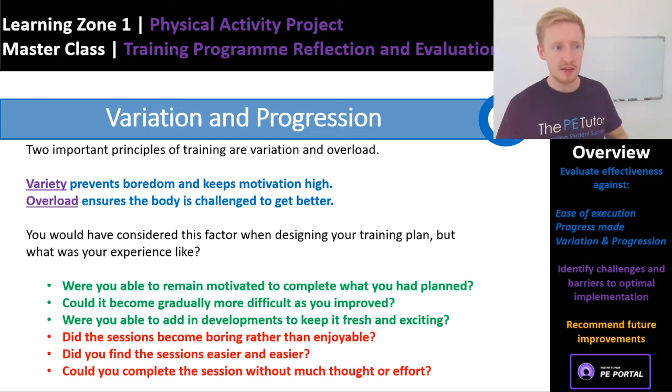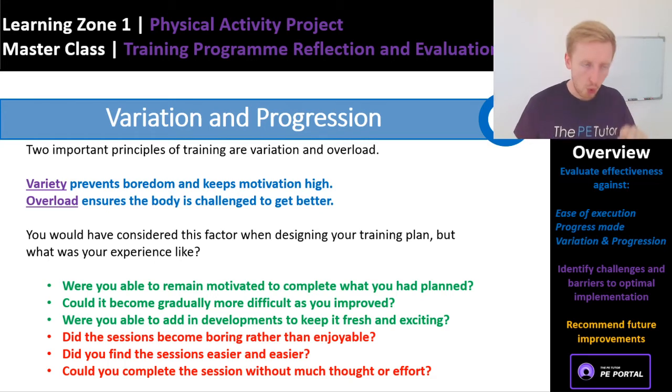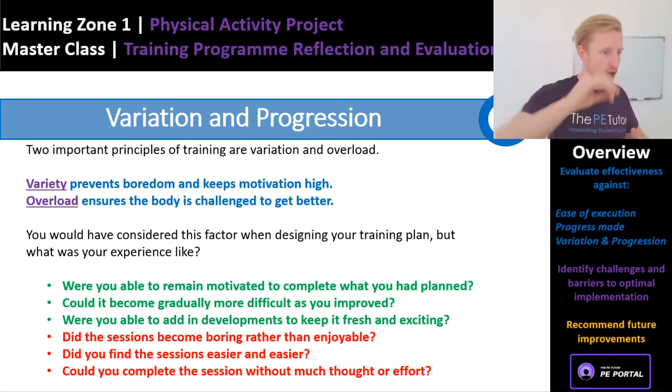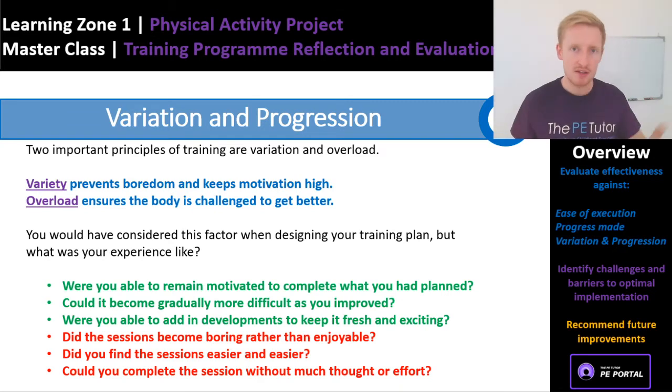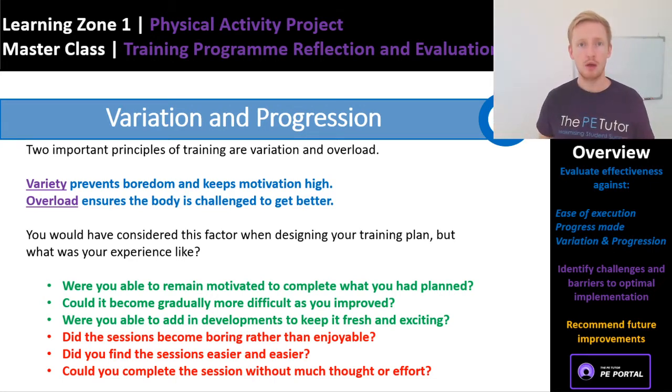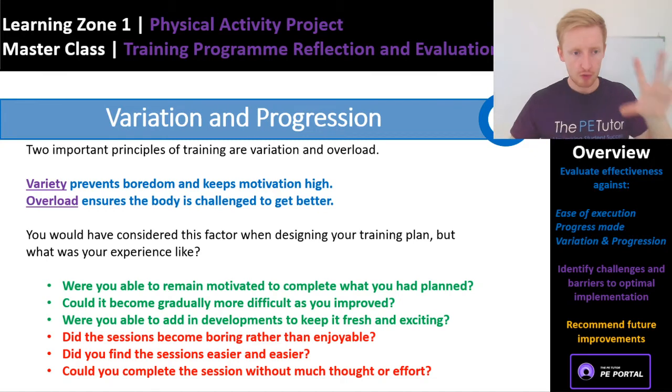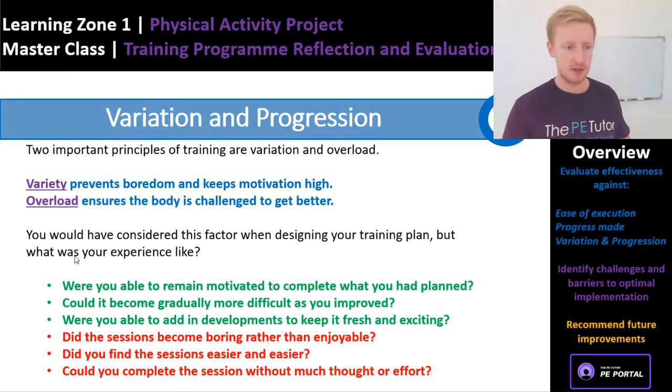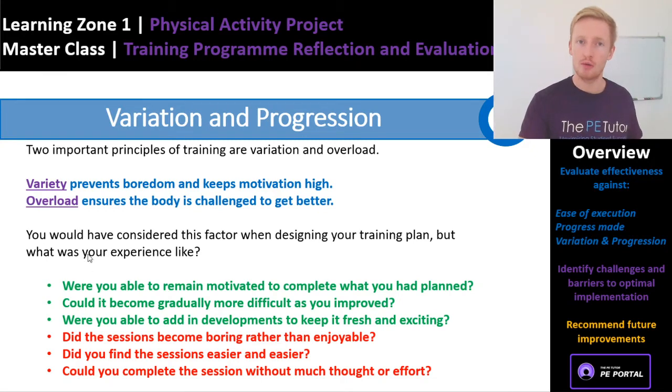Were you always in the same facility? Were you always using the same equipment? Go back through, circle in blue whenever you were inside using a particular piece of equipment, circling green when you were outside without any equipment. So go back through, analyze how varied was it. You could do the same thing with overload.